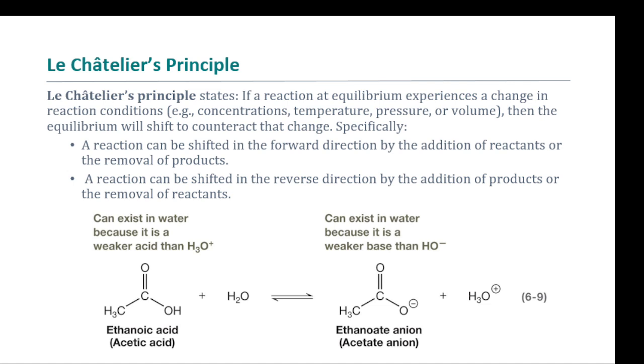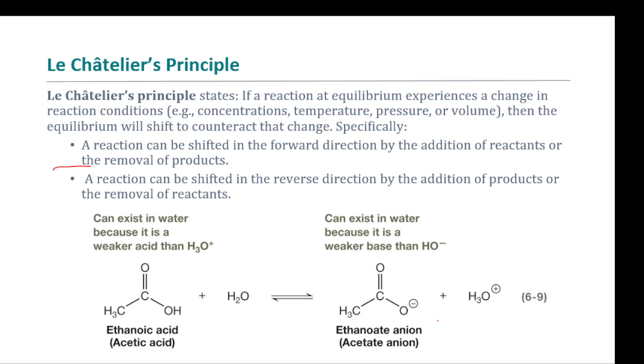All right, so everybody remember Le Chatelier's principle? Yeah? No? Okay. It's where you can tip equilibriums. If a reaction at equilibrium experiences a change in reaction conditions, typically things like concentrations, temperatures, pressures, volumes, then the equilibrium will shift to counteract that change. Specifically, the reaction can shift in the forward direction by the addition of reactants or the removal of products.